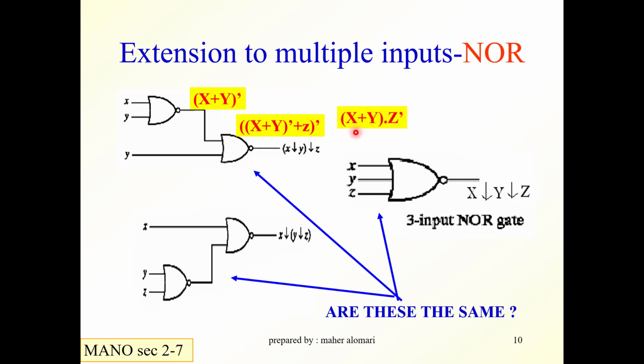Okay, and this will result in X bar Y bar ANDed with Z bar. The output is X bar ANDed with Y or Z, and the output of this gate, X or Y or Z complement. So we see that the outputs are not the same, so we cannot have more than 2 input NOR gates. They are not equivalent circuits.